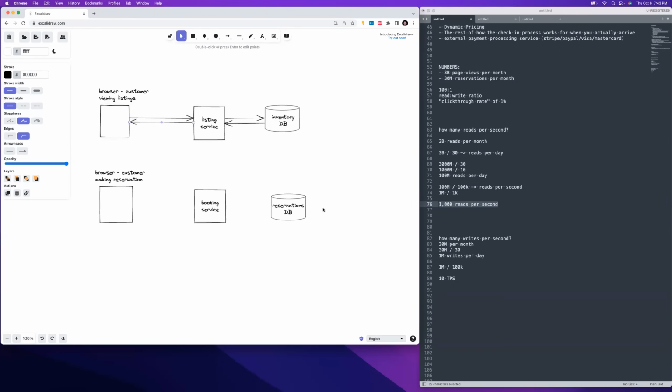Okay, and so that is happening at 1000 TPS. And then they see a room that they like after browsing for however long. They're going to click the buy button, and that is going to need to update the inventory. And we're also going to want to add an entry into the reservations DB.